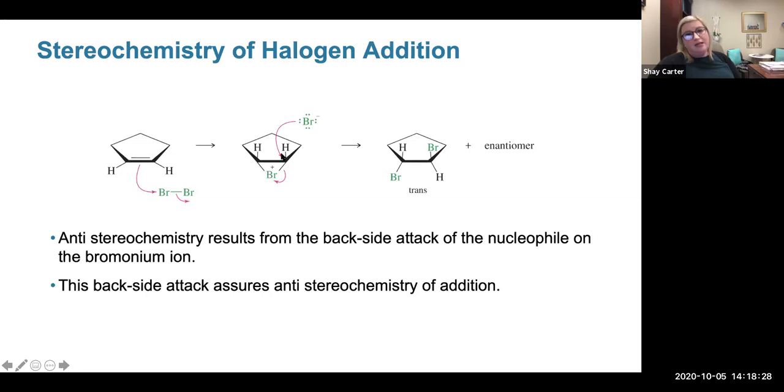Because it's on one side of the face, the other bromine has to come in to the opposite side of the face, which results in an anti-addition. So one bromine is added to one face of the ring and the other bromine is added to the other face of the ring. And this usually results in a trans product. Okay.